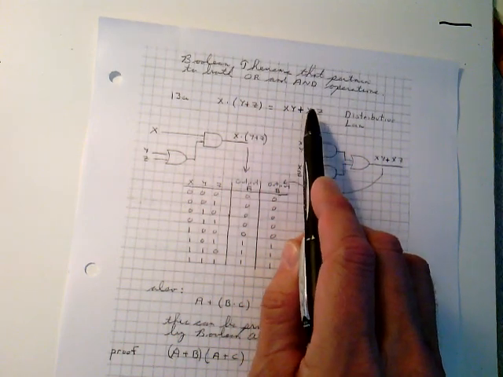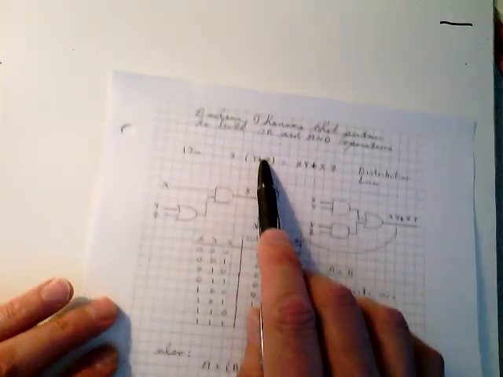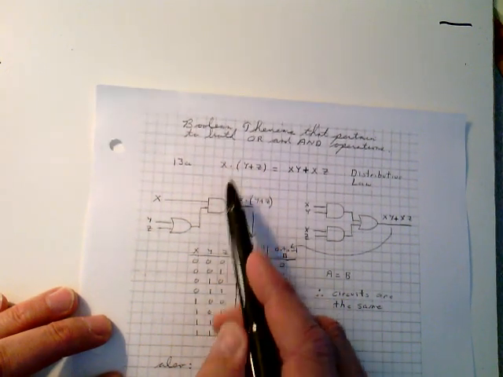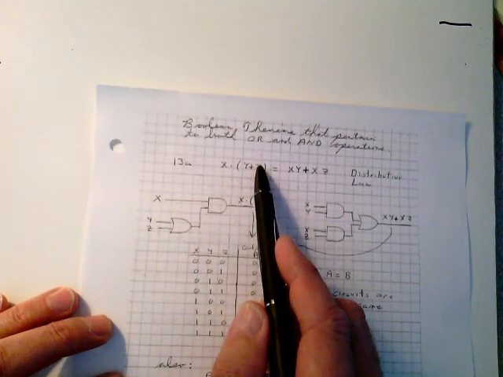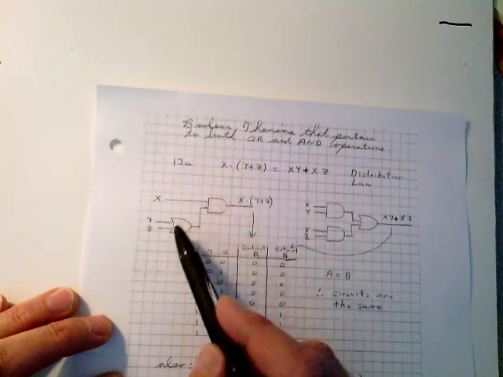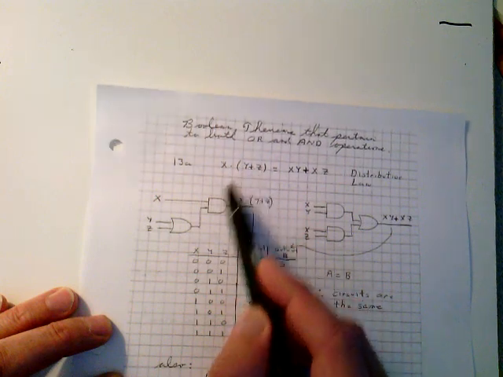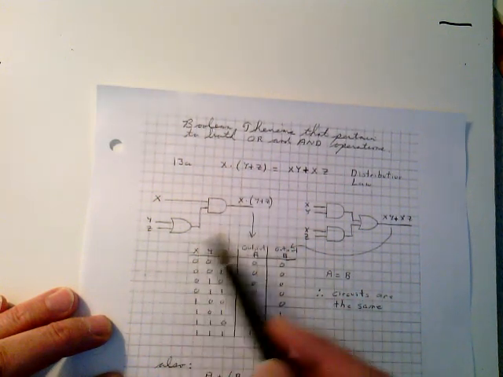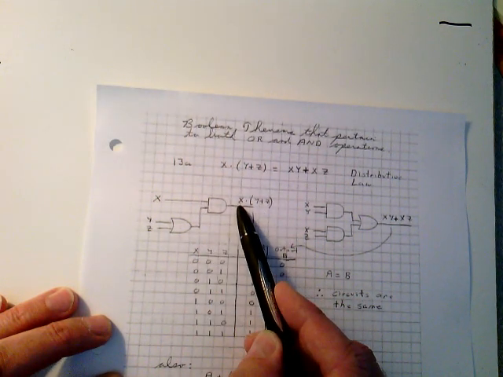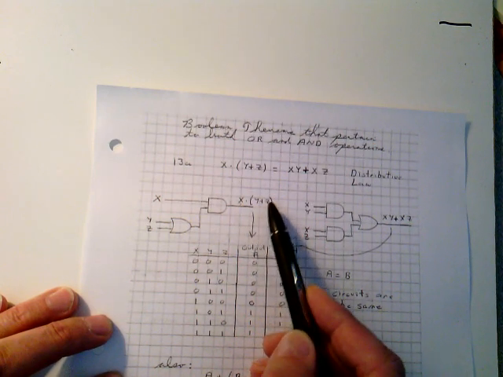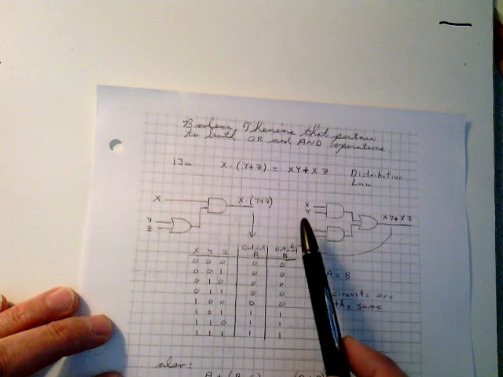In other words, this part of the expression is an x input to an AND gate and then a y or z input, which is the other input to the AND gate. And the output expression is x and the quantity y or z. Through the distributive law, this circuit is identical to this circuit.